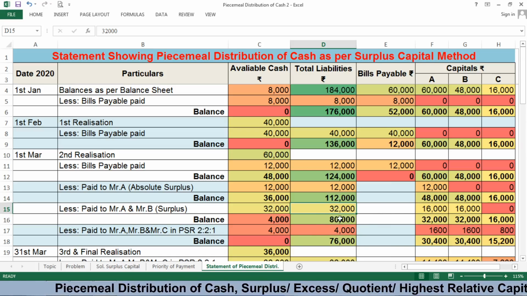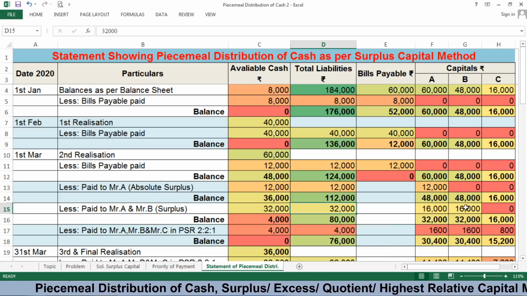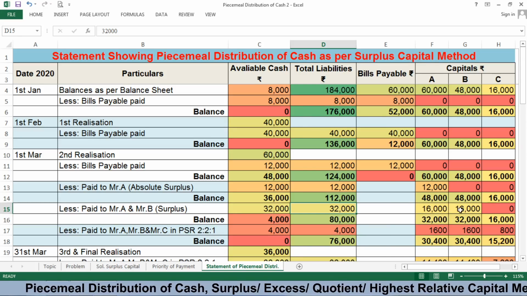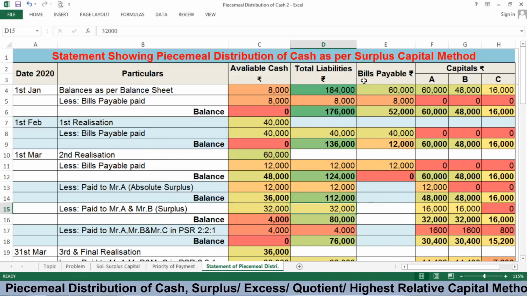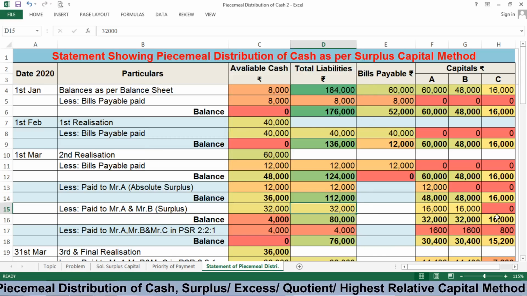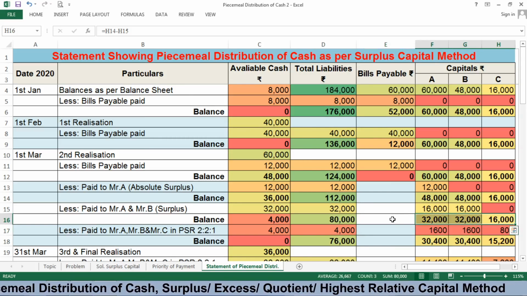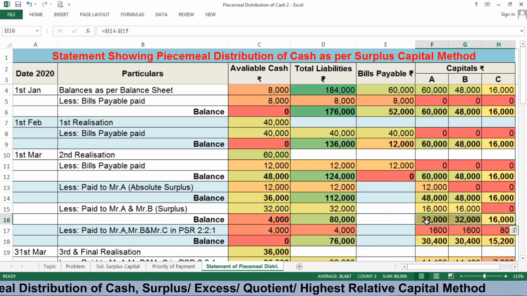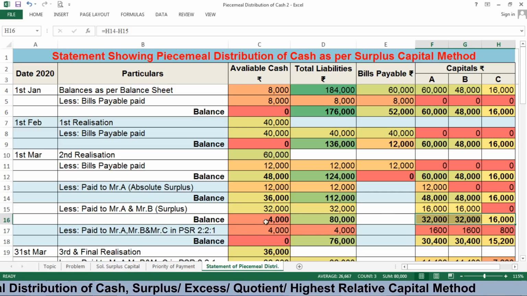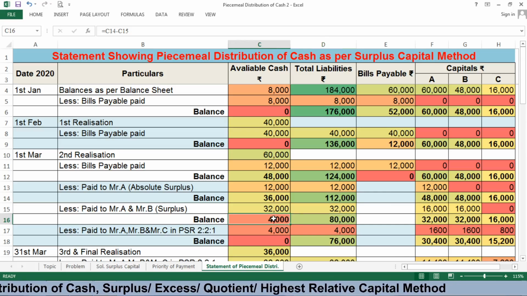It comes to 80,000 and our capital balances will be reduced by 16 plus 16, of Mr. A and B both, that is 48 minus 16 comes to 32, 32 and 16,000. So still we have to pay this amount, 32 plus 32 plus 16,000. That means the total amount we have to pay is 80,000 as total liability. In our hand we have cash of rupees 4,000 only.